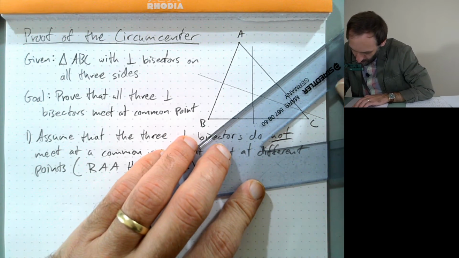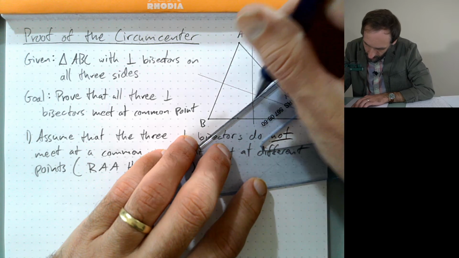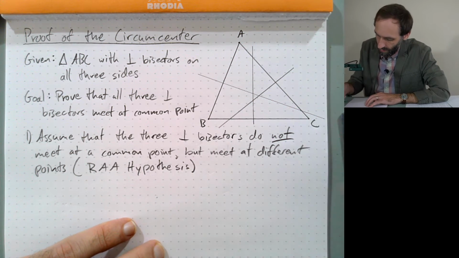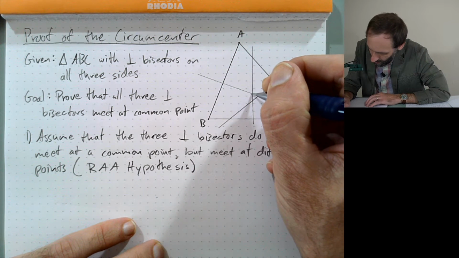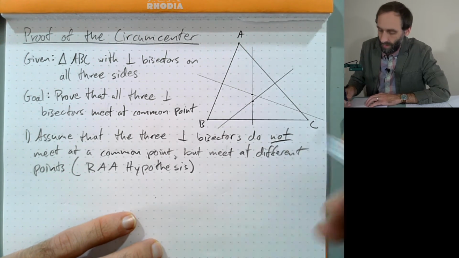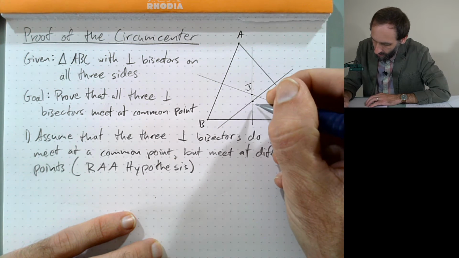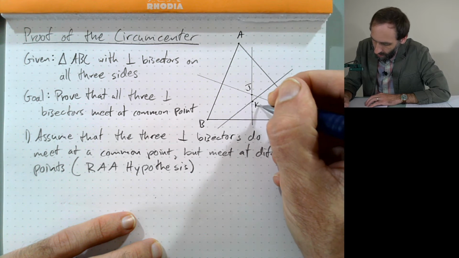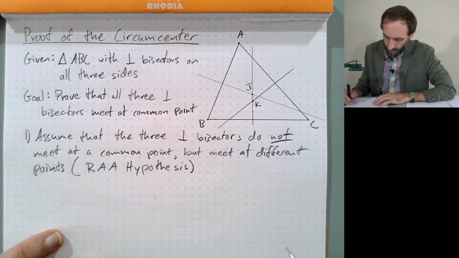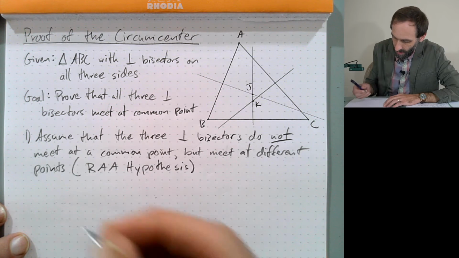So this is obviously going to be an imperfect drawing for the purposes of showing the contradiction. I'm just going to pick two of these non-common points. This point up here, I'll call point J, and this point down here point K. So step one was the assumption.